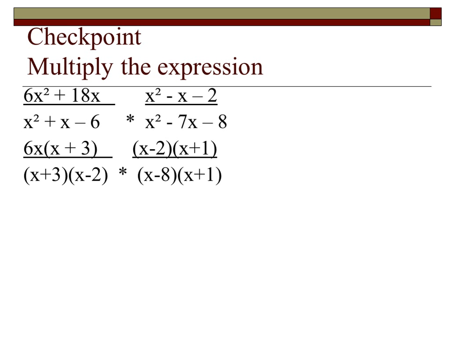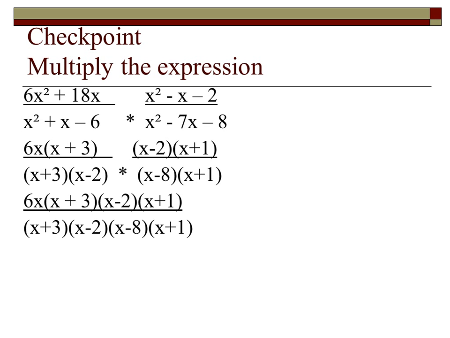And here are the factors for the denominators. Now again, see this step right here? They're showing you that these two are essentially the same thing. They just put the numerators together.